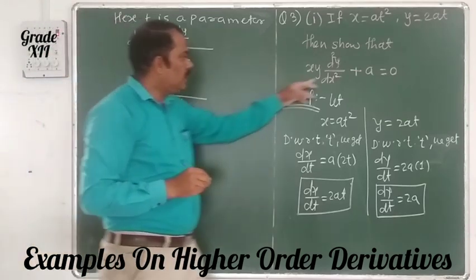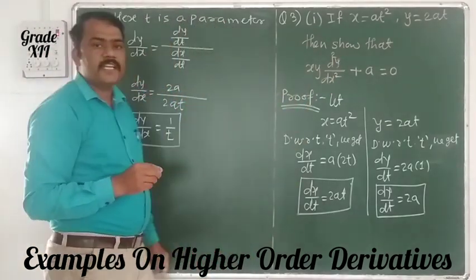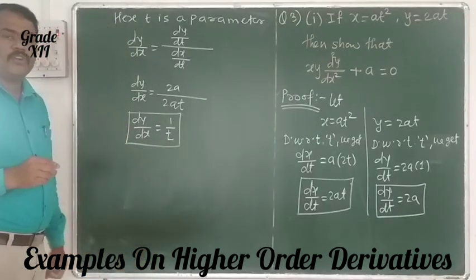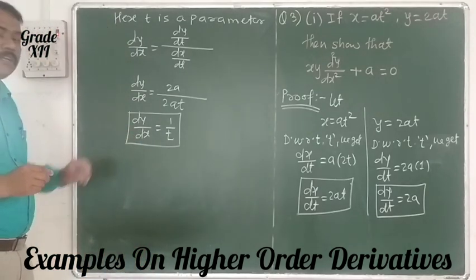What we have to prove requires d2y by dx square. So again one more time we have to differentiate with respect to x.